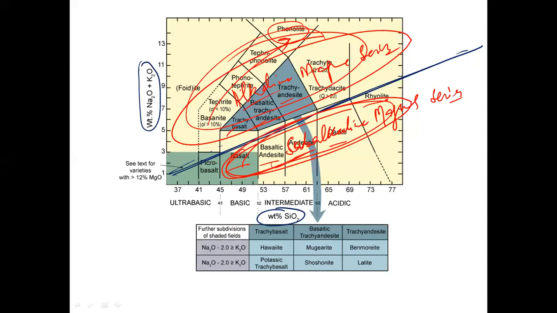That is what it means. And this portion is part of this shaded area. This trachybasalt, basaltic trachyandesite, also belongs to the alkaline series, right?